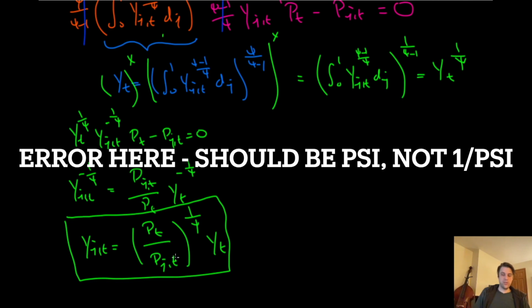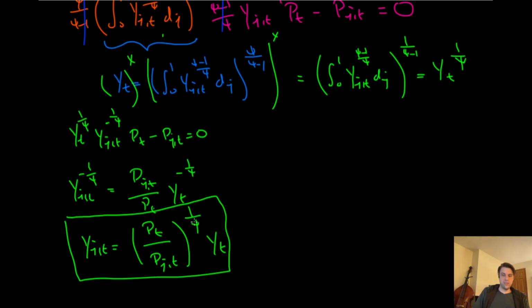And the amount it's going to choose is going to be proportional to the price of the good jt relative to the price index pt. And it's going to be scaled by this factor here. So there you go. That's the factor demand.